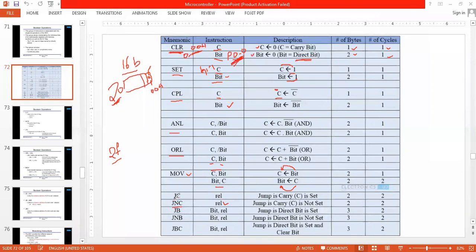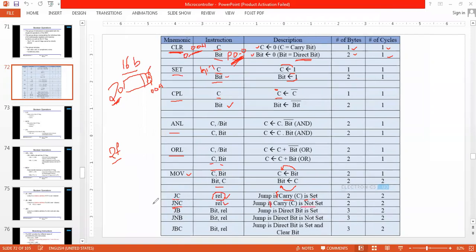But now, jump stands for making the ALU transfer from one location to another location, and that other location is the relative address. So it is jumping to a relative address directly, but depending upon the condition of the carry flag. So JC stands for jump if carry is set, and JNC stands for jump if carry is not set.